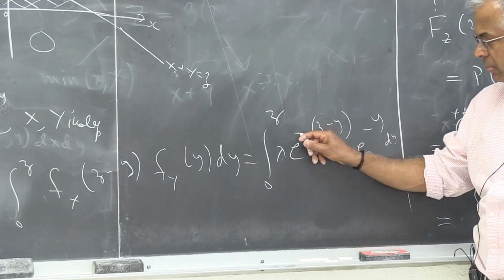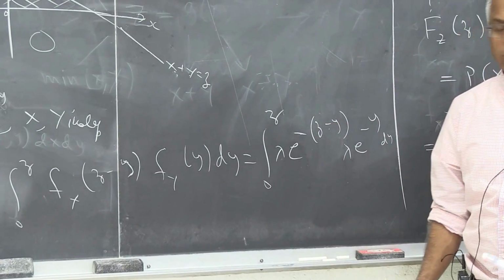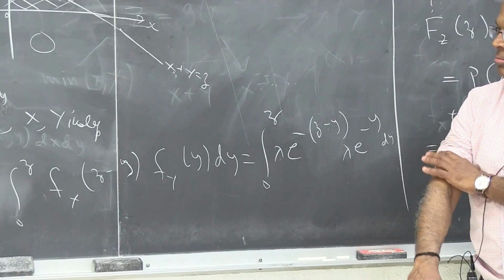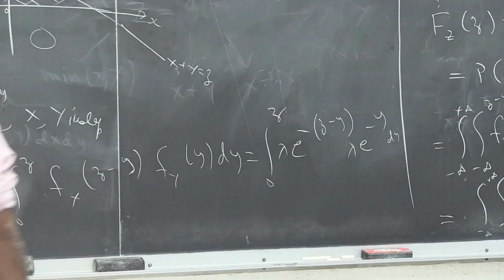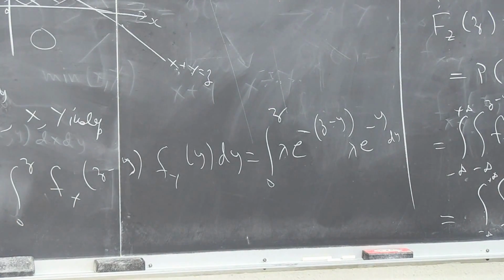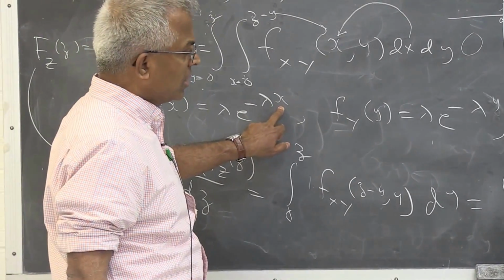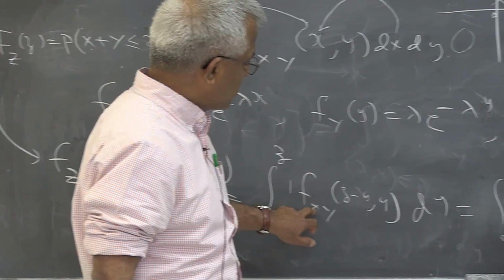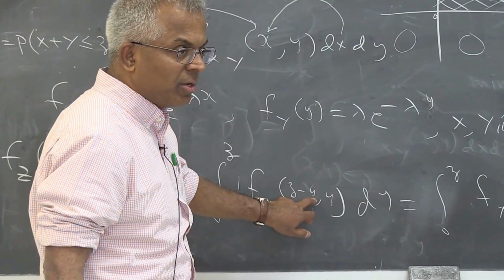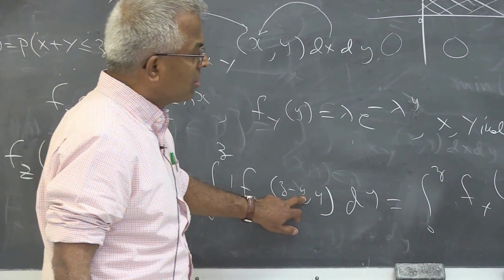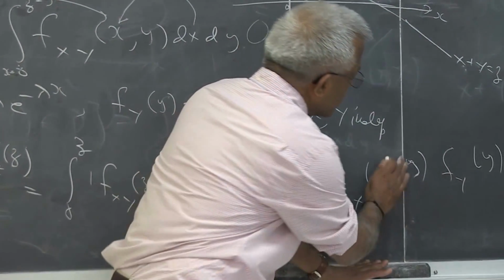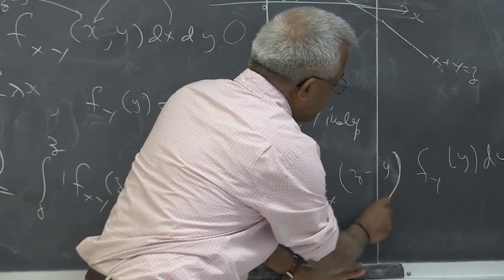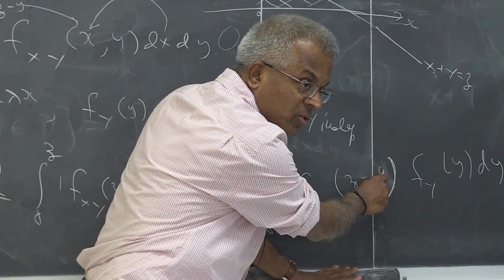Fx is lambda e raised to minus lambda x. So lambda e raised to minus lambda into z minus y. Look here, Fx evaluated at z minus y. This is not x here because we have replaced it by z minus y.